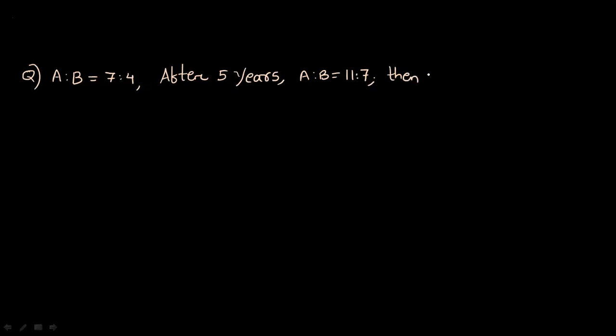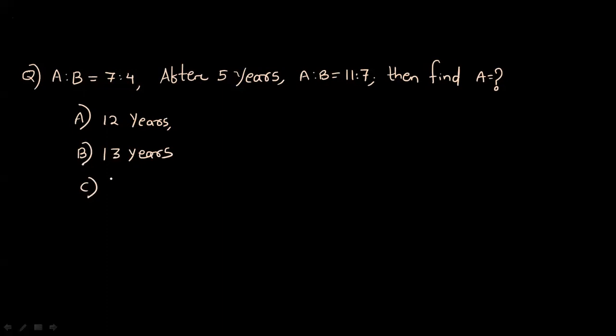Then find out what is A. Your options are: option A, 12 years; option B, 13 years; option C, 25 years; and option D, 28 years. So can you answer this question?